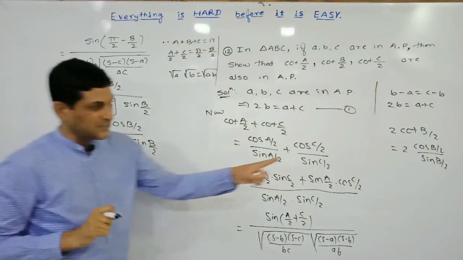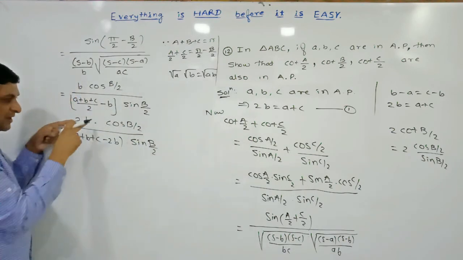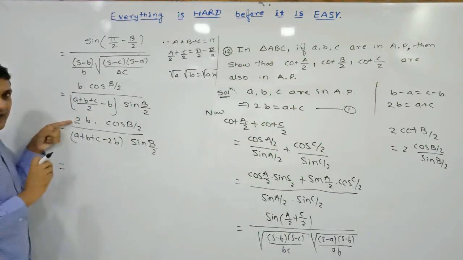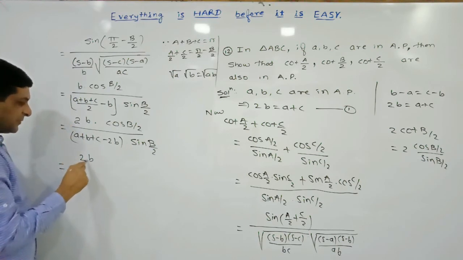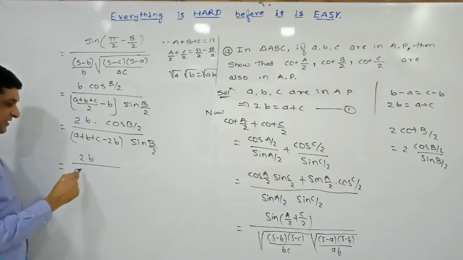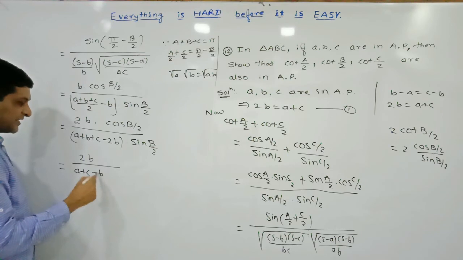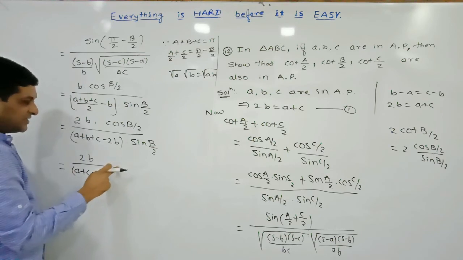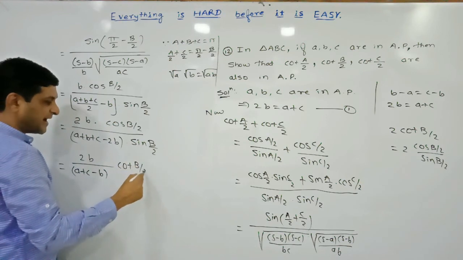So here we have got 2 also. In our result we will require 2, so we have got 2 also here. So now let us check whether these terms will get cancelled or not. Here twice b, keep it as it is in the numerator. In the denominator, a plus c, keep it as it is, this b and minus 2b will become minus b, and here cos upon sine can be replaced by cot B by 2.